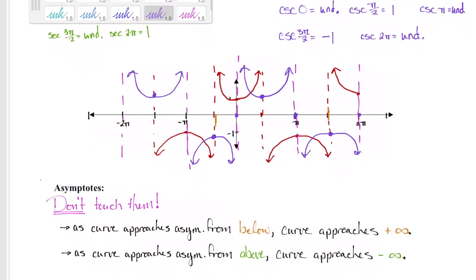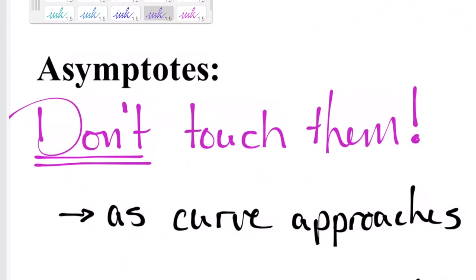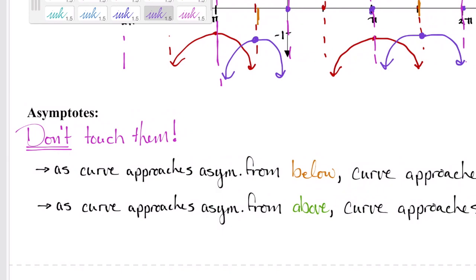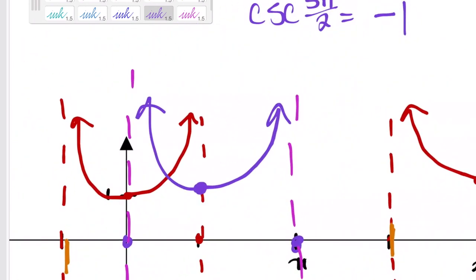Next part here, whenever we're talking about the asymptotes, one, we do not touch them. Again, you don't want to be caught touching your asymptote in math class. That just sounds really embarrassing, so let's not. As a curve approaches from below, our curve is going to be approaching positive infinity whenever it comes to that range.